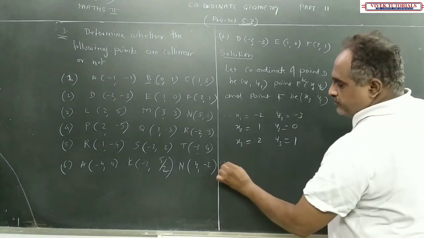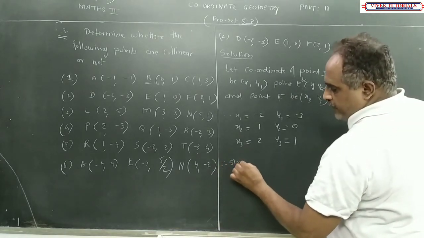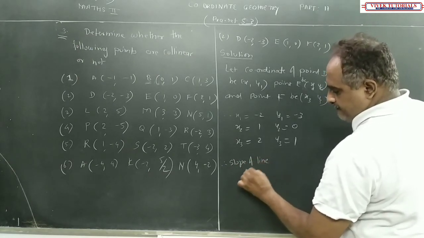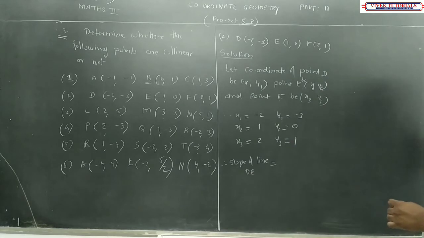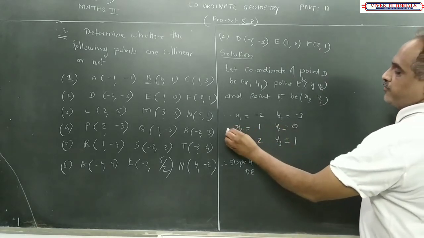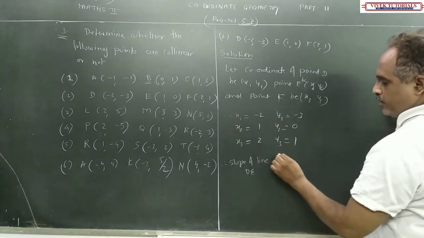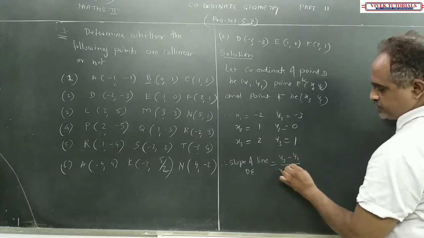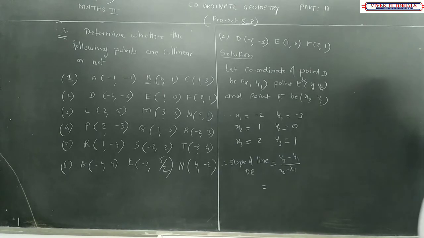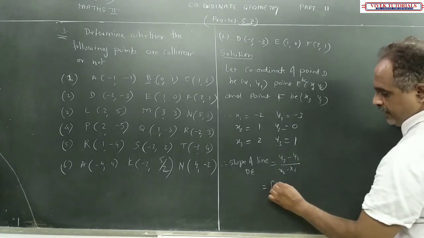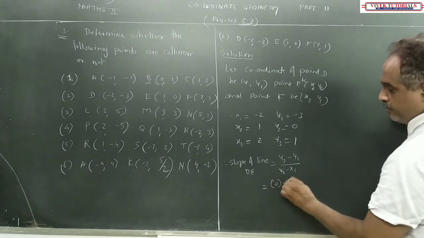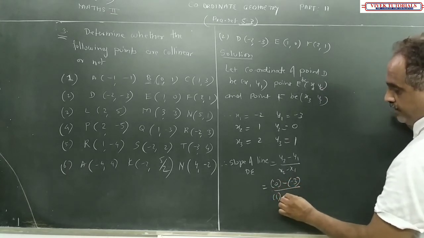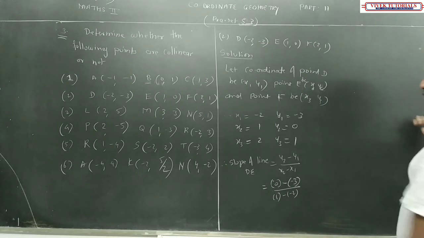Therefore, first of all, we find the slope of line DE. The slope of line DE, from the coordinates of D and E, is y2 minus y1 upon x2 minus x1. y2 is 0 minus -3, upon 1 minus -2.